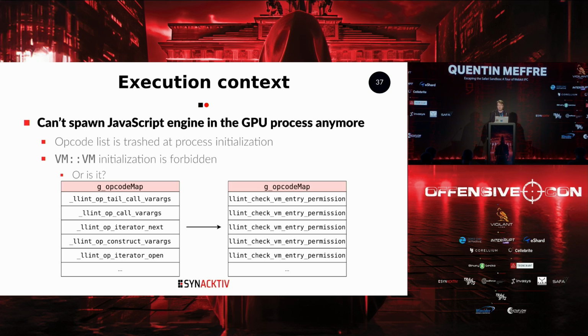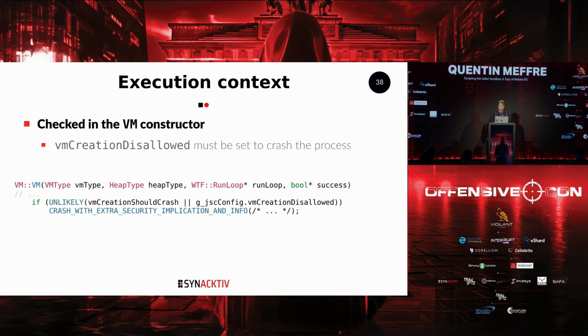So if someone tries to execute JavaScript code, the JavaScript engine will just crash the process. It also disables the creation of the VM object, which is a JavaScript engine internal object, and this object is very important to run the JavaScript engine.